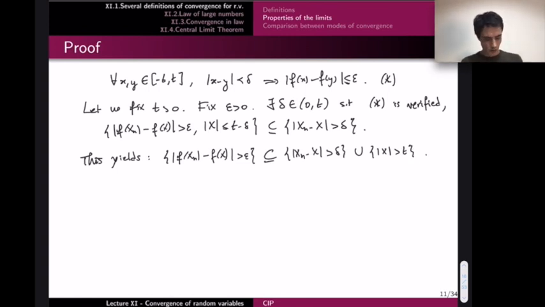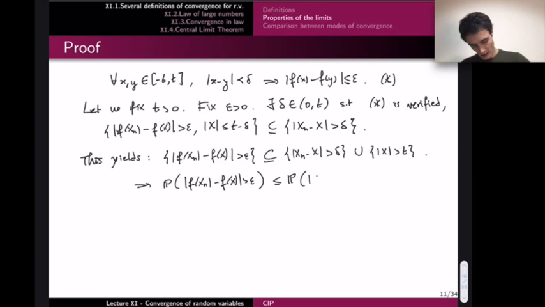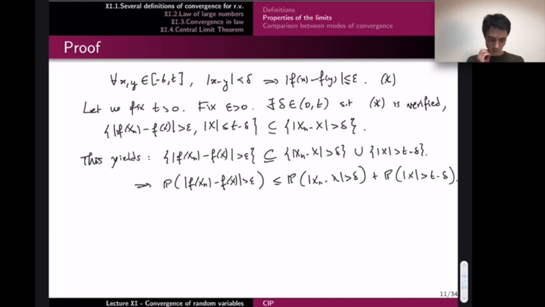So remember, I want to prove that the probability of this one goes to 0. The probability that |f(xn) - f(x)| is greater than epsilon is less than or equal to the probability that |xn - x| is greater than delta, plus the probability that |x| is greater than t - delta.